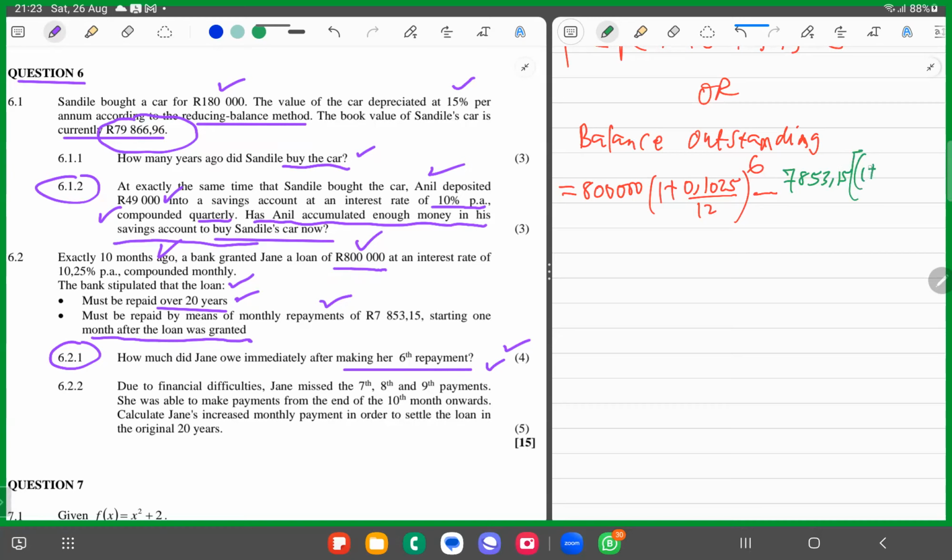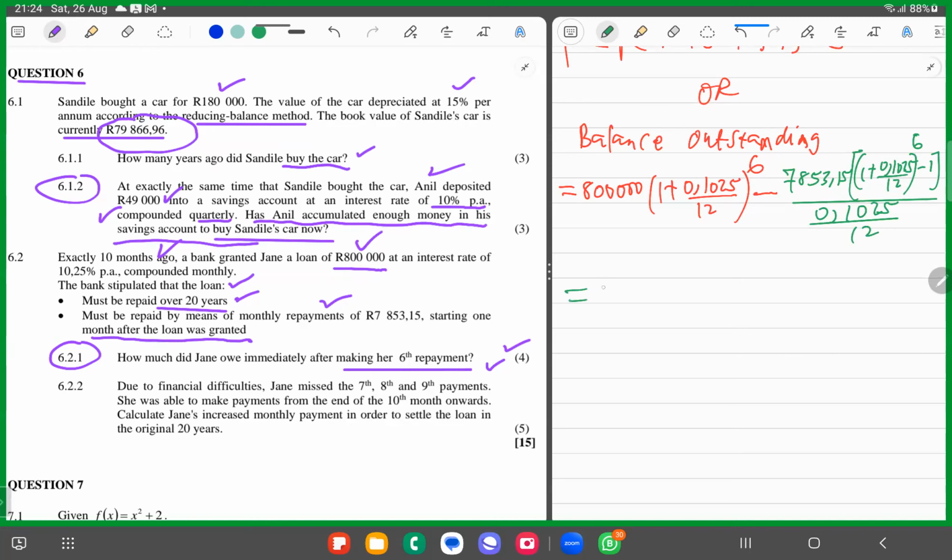The interest rate was 10.25% divided by 100, so it is 0.1025 divided by 12. So it's after making the 6th payment, divide by 0.1025 divided by 12. Okay, so here's what you get.